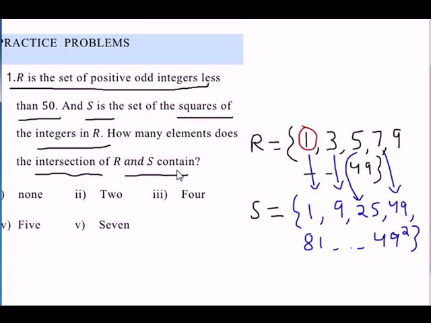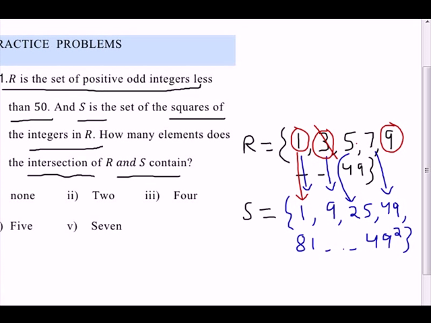So 1 is common, 1 is right here, 3 isn't there in the second set, 5 isn't there in the second set, 9 is, so 9 is the second one. And then can you see any other element? You know that 25 is a square of 5, but 25 as a number would also exist in R, because R is from 1 to 49, all the odd numbers.